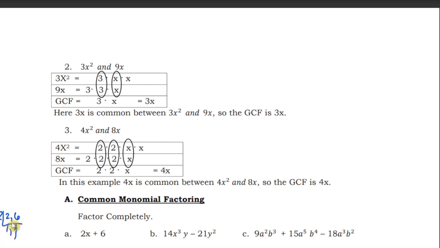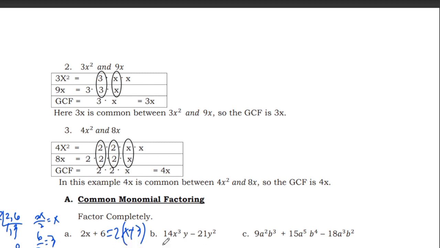Then we cannot divide any more aside from 1. So we have now 2. Since we have 2x divided by 2, that is x, we write the x here. 6 divided by 2 is positive 3, so we have plus 3. So the answer now is 2 times the quantity of x plus 3.